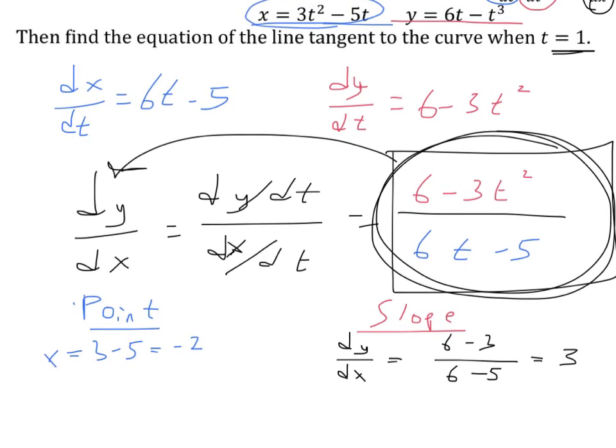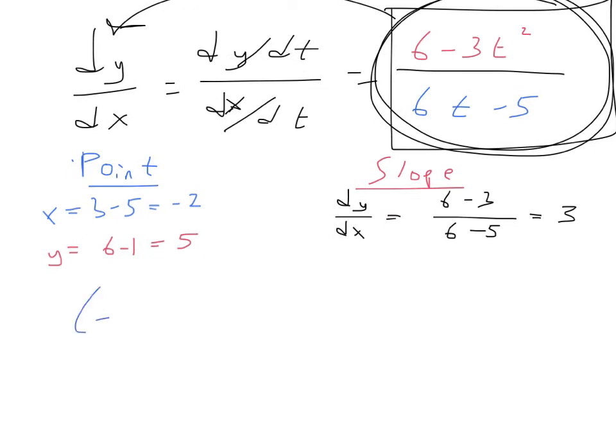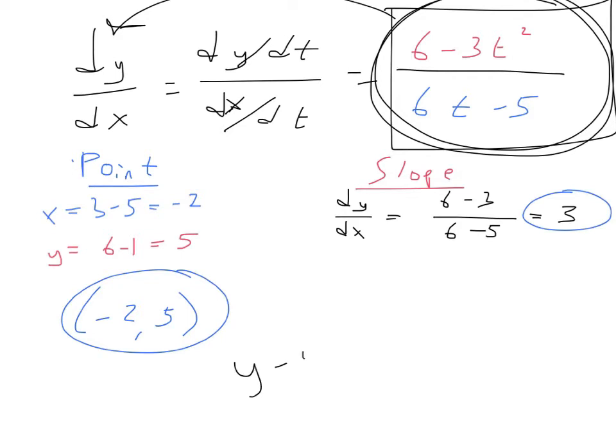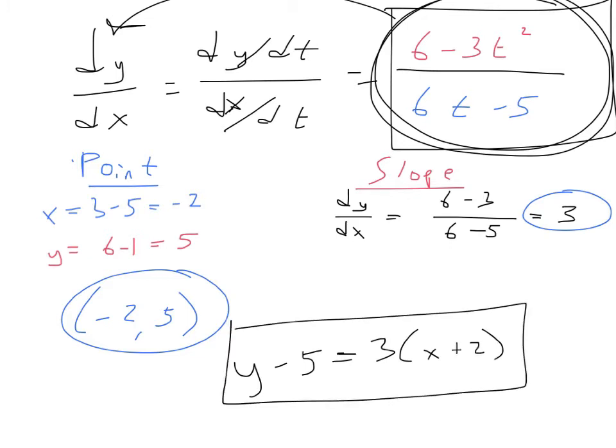For our y coordinate, we'll have 6 minus 1, which is 5. So that brings us to the idea that the point is (-2, 5). So we've got a point, we've got a slope, so we can use point-slope formula for a line. y minus 5 equals 3 times (x plus 2). This is the equation of our tangent line to our parametric function at time 1.